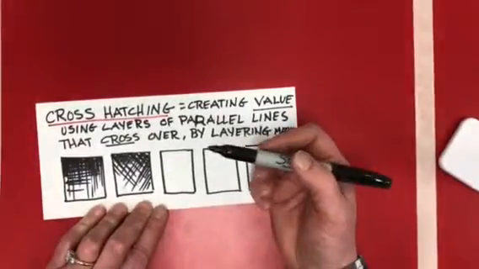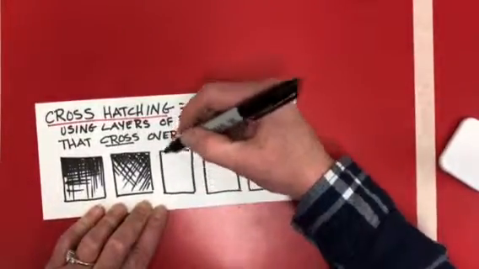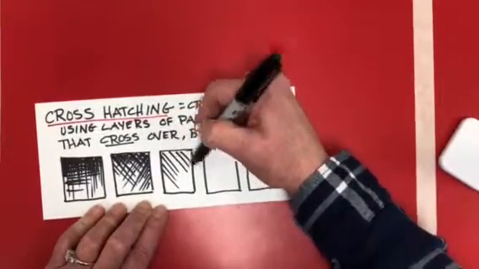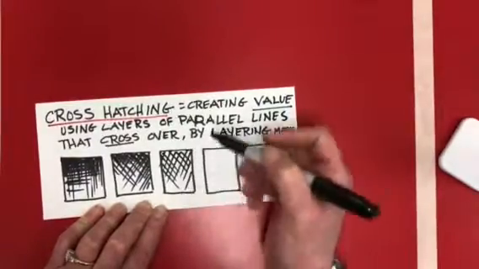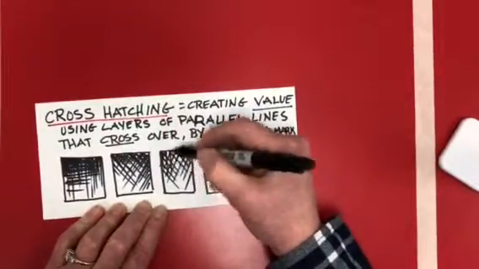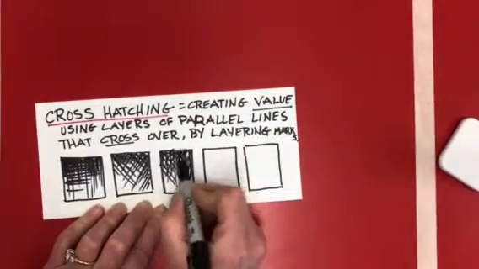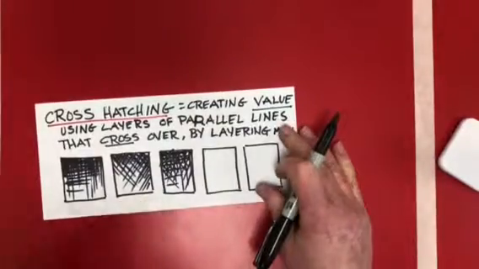You can also cross back in more than one layer, or actually more than two layers. You can cross in one direction, diagonally the opposite way, and then you can add some verticals. So this is crossing, going all different directions. So it's really whatever your design needs.